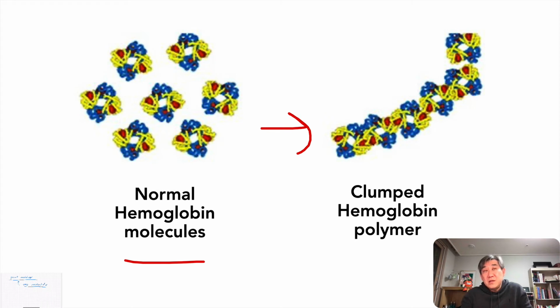Not only in the case of the hemoglobin mutation in sickle cell anemia, but in many other occasions, including diabetes and even Alzheimer's and Parkinson's disease. If you look up the reason, it points to this protein clumping due to structural change. Same thing. And this is one example.